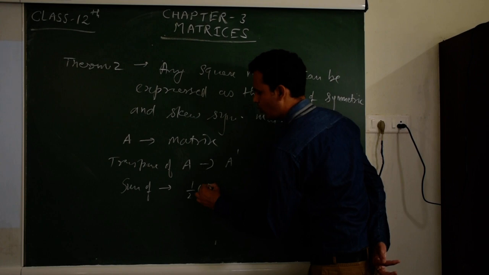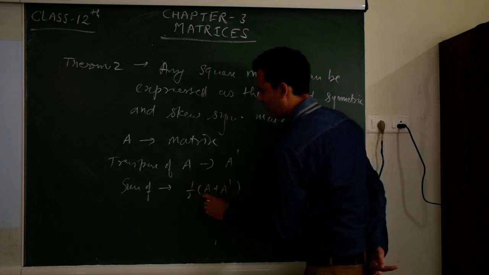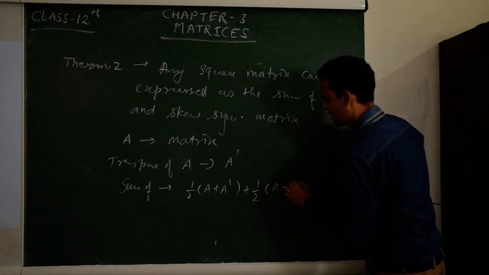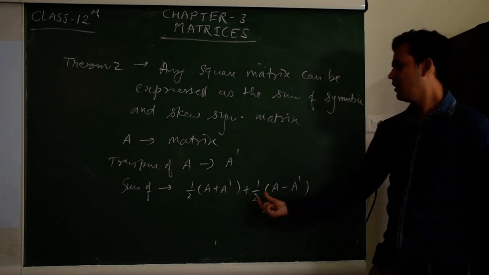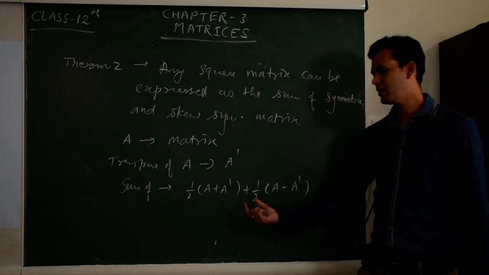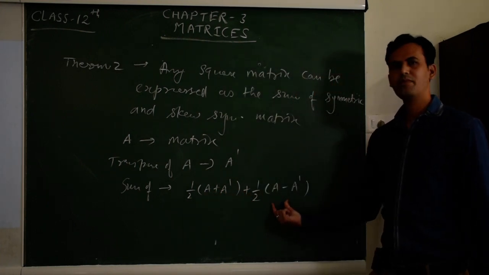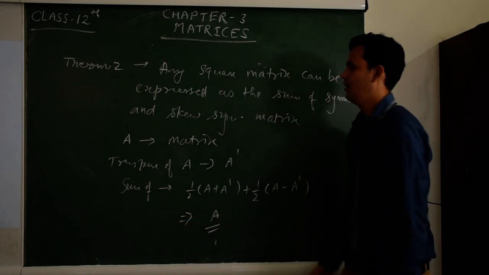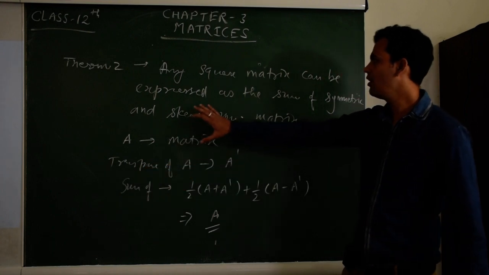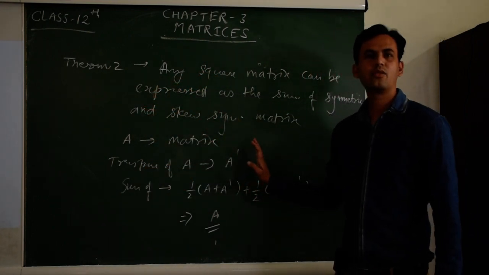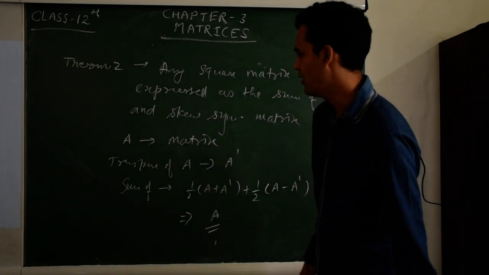It means 1 by 2 (A plus A dash) is the symmetric part, and 1 by 2 (A minus A dash) is the skew symmetric part. If we add symmetric plus skew symmetric, we get again A, this matrix. So this is called theorem 2. Some questions are related to this theorem, so it is important.